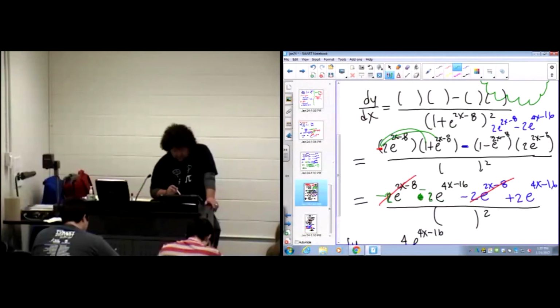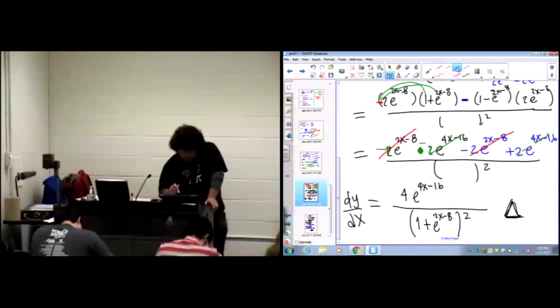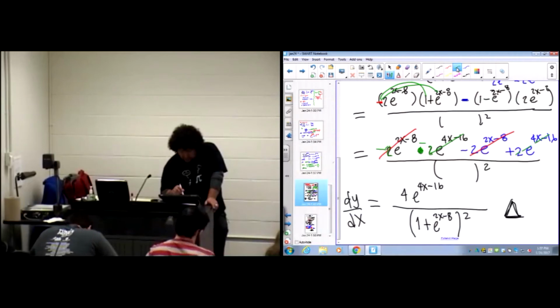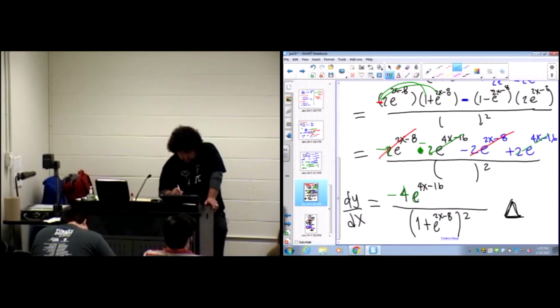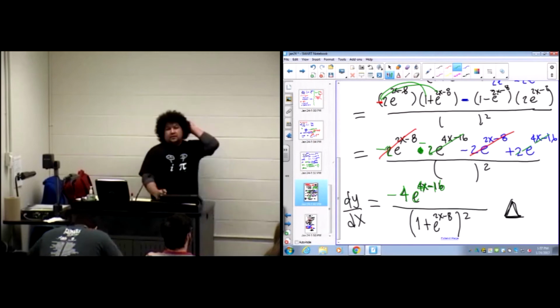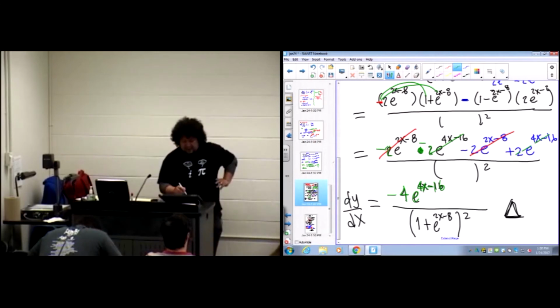And this here becomes also minus 2. Right? So now that term cancels. The terms that cancel are this term and the last term. The terms left are minus 2 e to the 2x minus 8. That minus 2 is repeated twice, and so this becomes minus 4 e to the 4x minus 16.